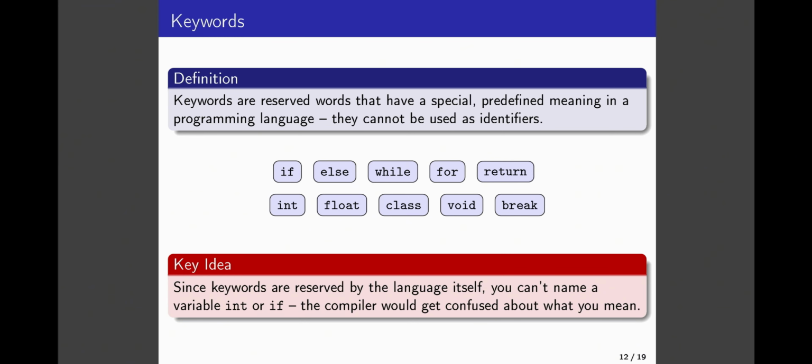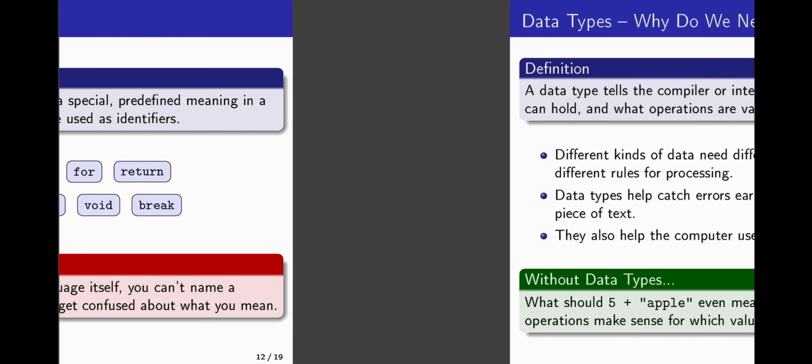Or when we think about computers, are we thinking about food? It is not happening, right? Similarly, there are some specific words which already have predefined meanings in programming languages. Since keywords are reserved by the language itself, you can't name a variable int or if. The compiler would get completely confused about what you actually mean.